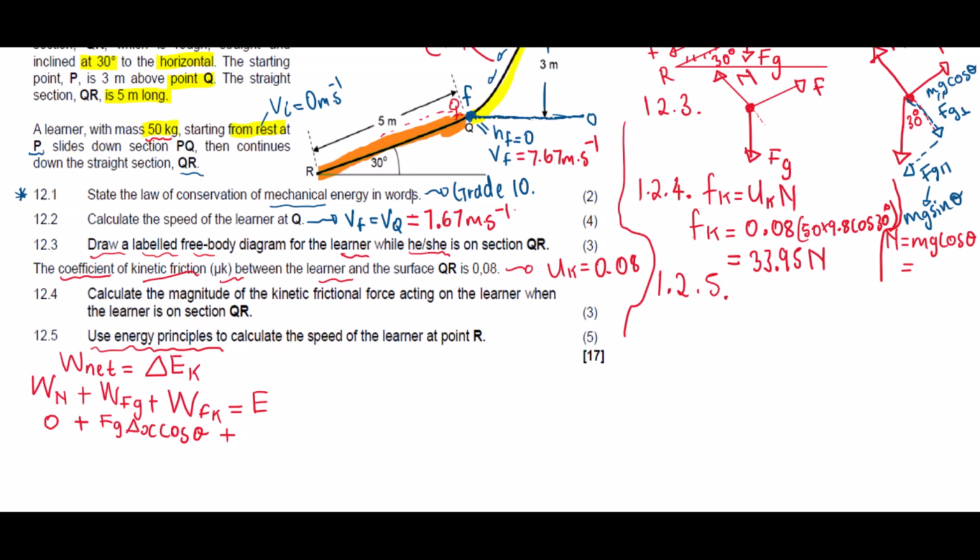The work done by the frictional force is going to be the frictional force times delta x cos theta as well. Then here we're going to have the change in kinetic energy, EKF minus EKI. And now this is going to be half mvf squared minus half mv squared. So this is going to be 0. So the 0 goes away.